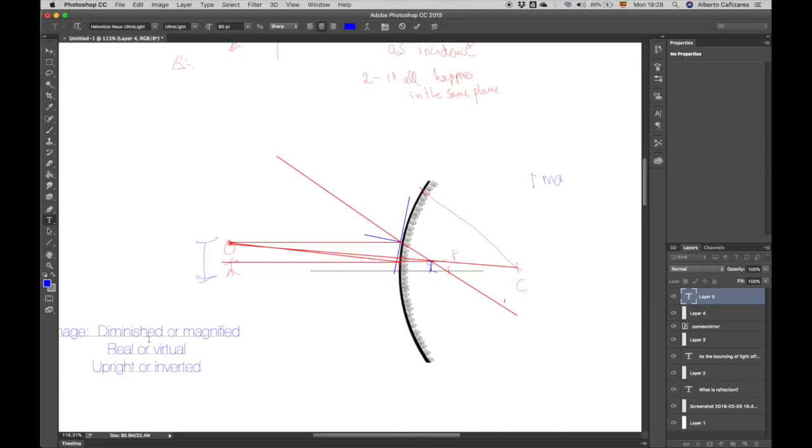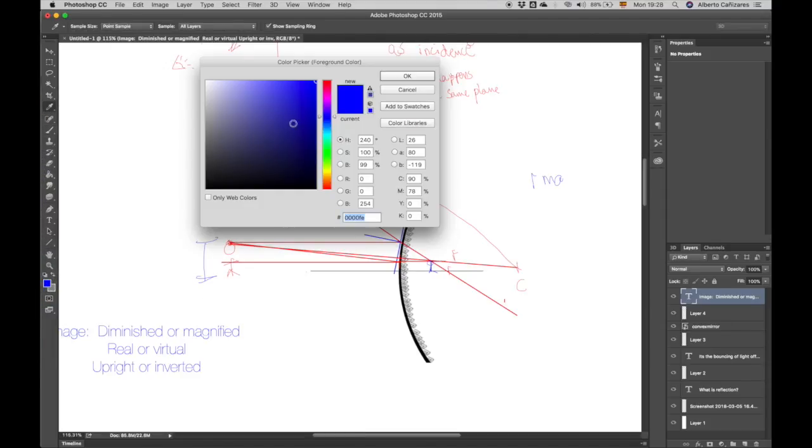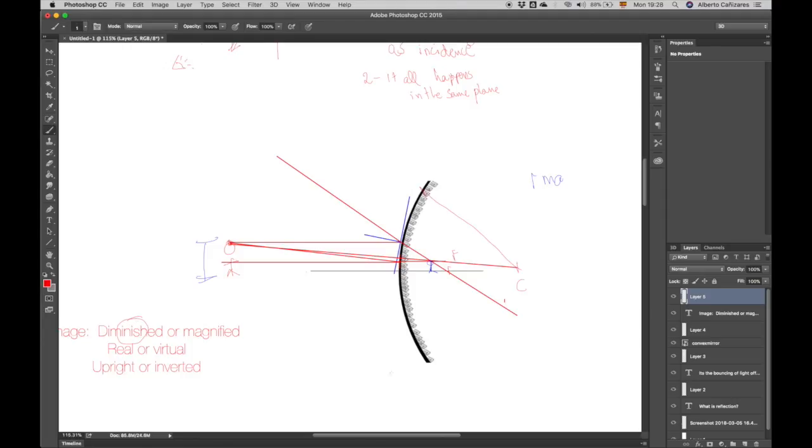So let's say now the image, what is it? Is it real or virtual, is it diminished or magnified? Well, clearly the image is much smaller, so it's obviously diminished.